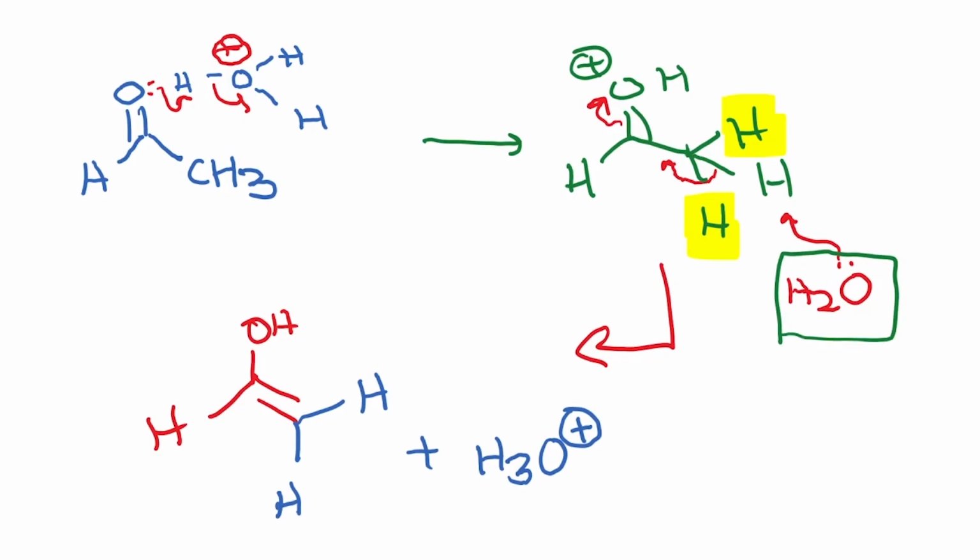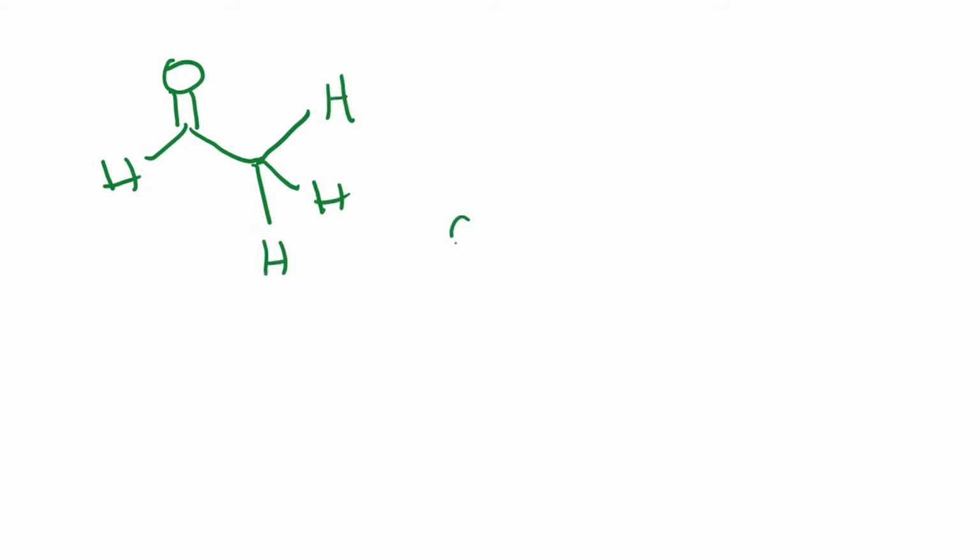Now a similar thing can also happen with a base. So let me just quickly write that out. You have an aldehyde, O, H, H, H, and H, and now if you have OH minus attacking here, you can move this over here and produce the enolate directly.